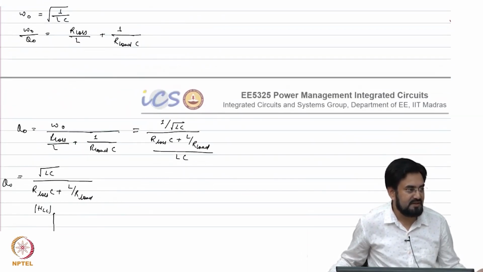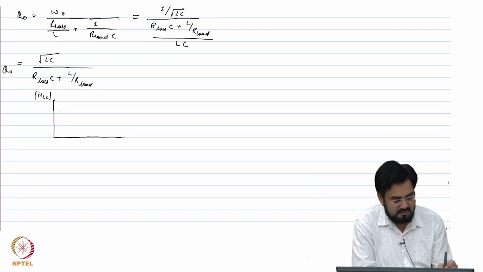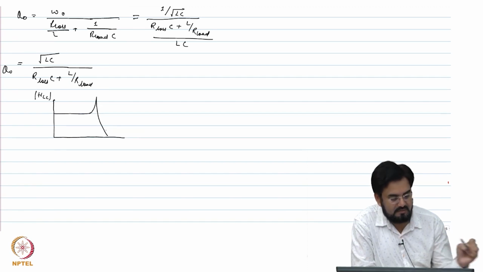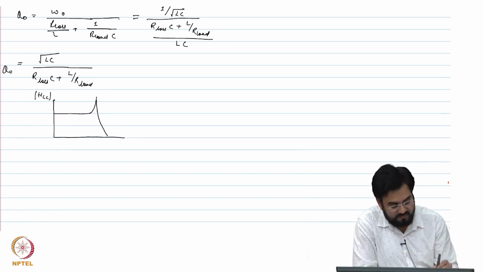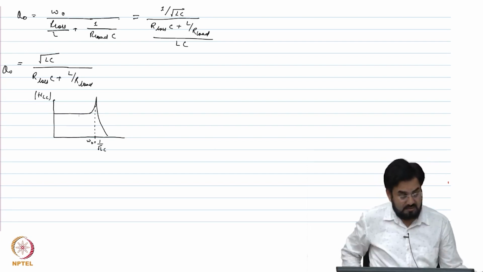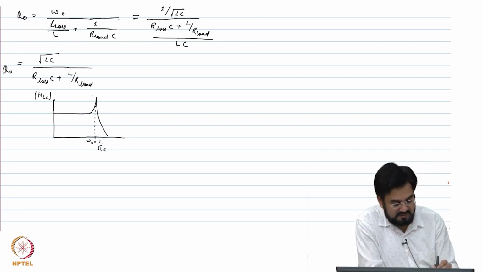Second order low pass filter, okay. What is this frequency? Omega naught. And where is the Q? Height of this, okay.